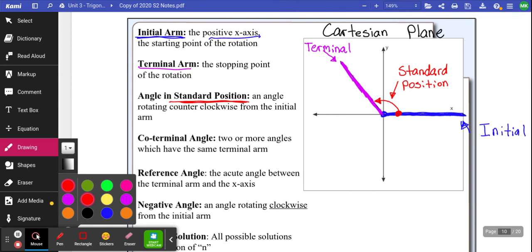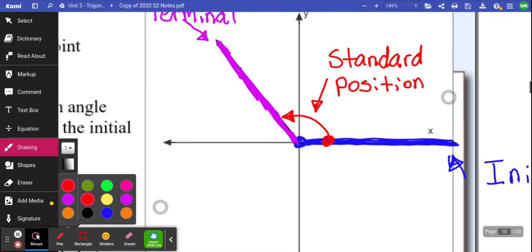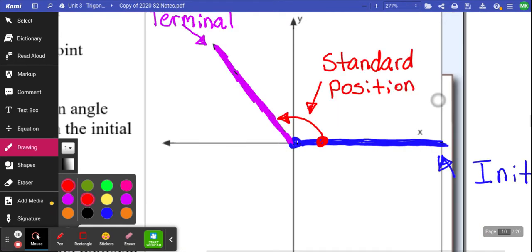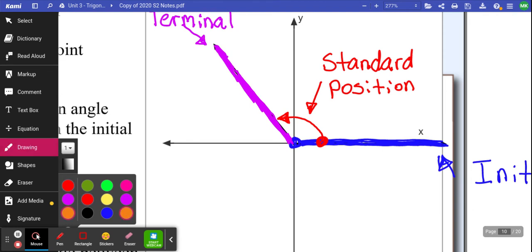Co-terminal angles. I have also used that term. It's an angle that'll get you to the same point. There are a few different ways you get co-terminal angles. Typically, when I talk about co-terminal angles, I talk about doing a full rotation first and then going to the terminal arm.